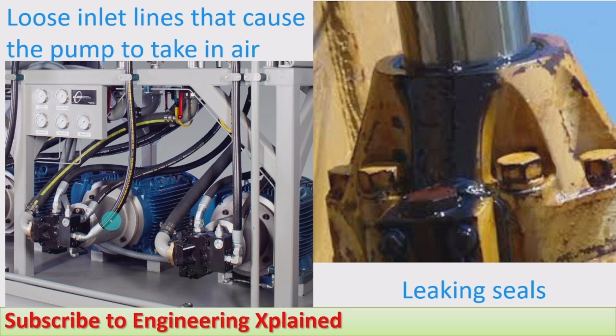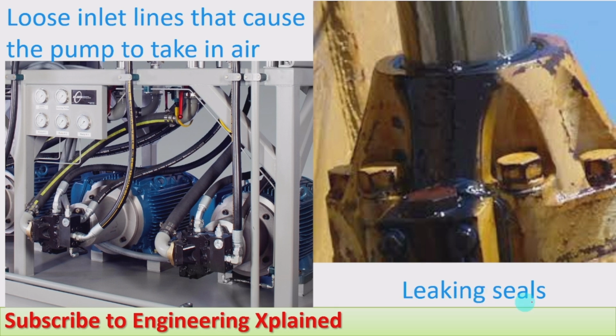In a later session I am going to take up the effect of air in the hydraulic fluid also. But here anyhow it causes some effects on the pumping performance, and its properties also change.